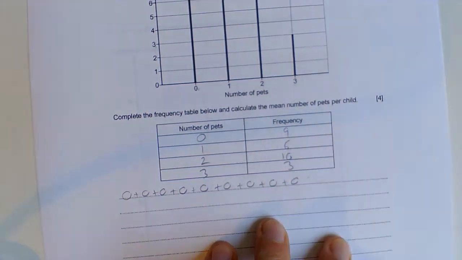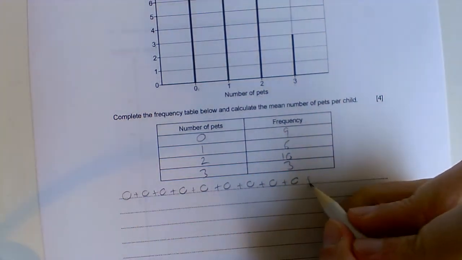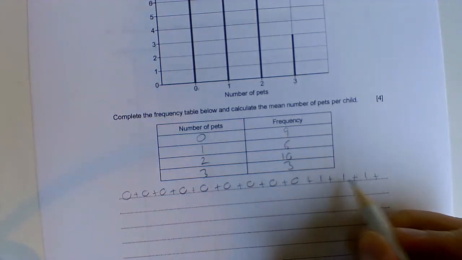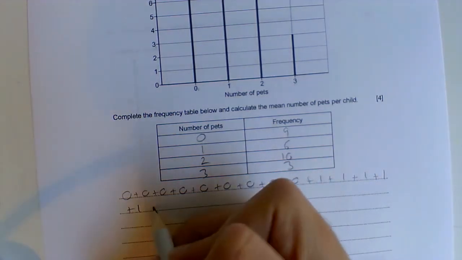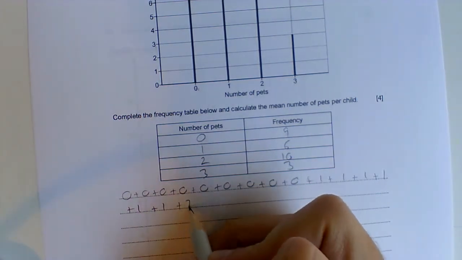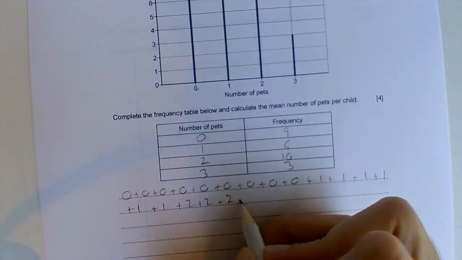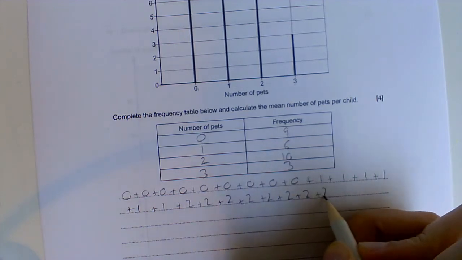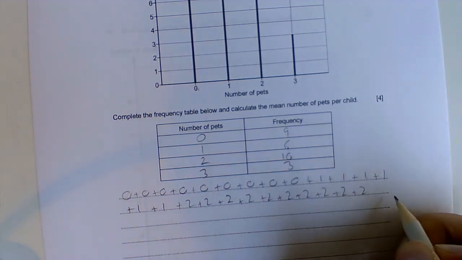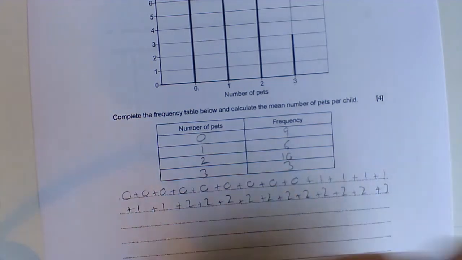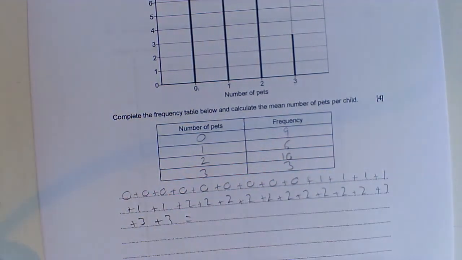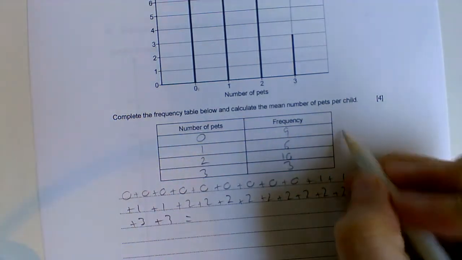So 6 ones, 10 twos, and then 3 threes. Doing that would add everything up, okay? But the quick way of doing that is to multiply across your rows and add those numbers up.